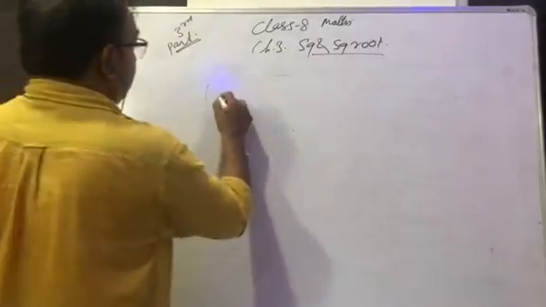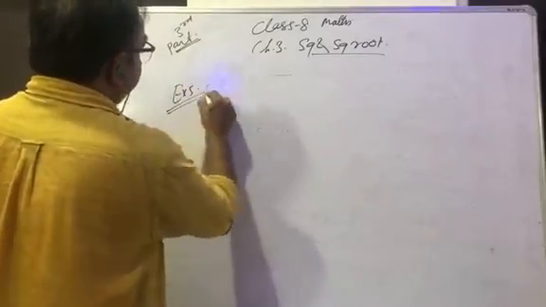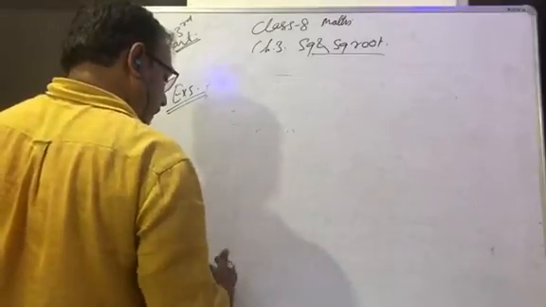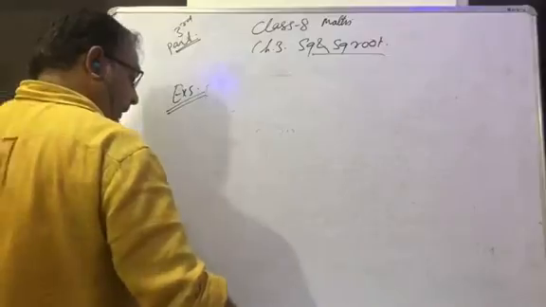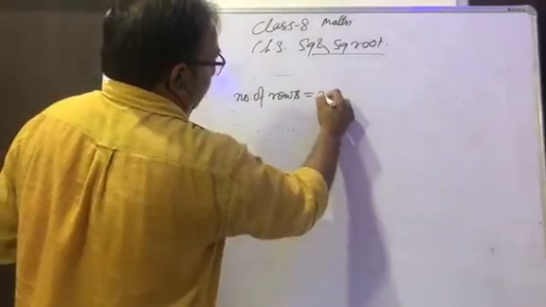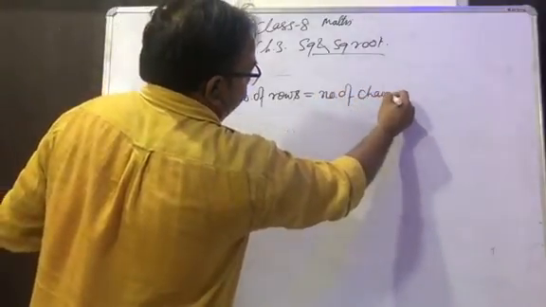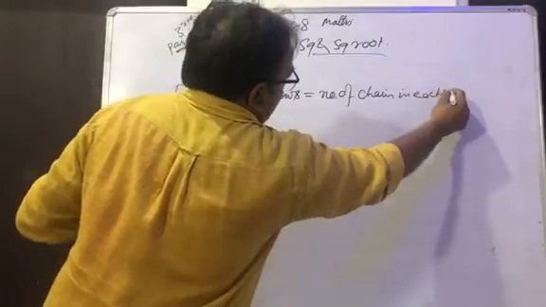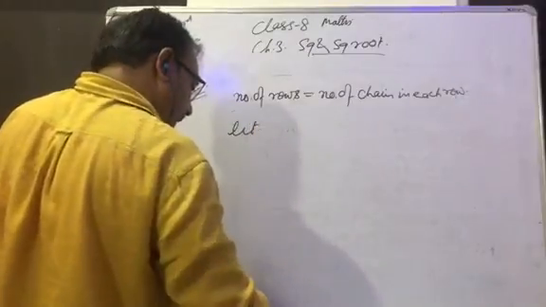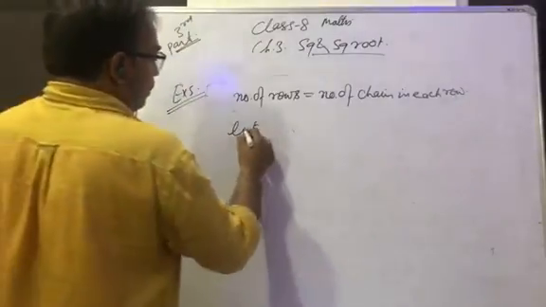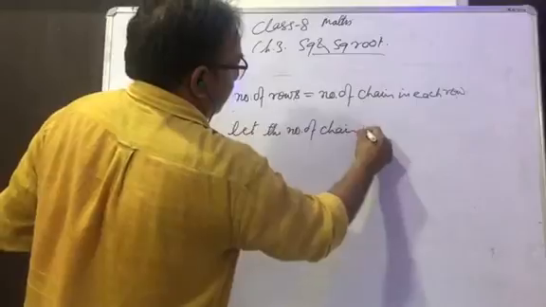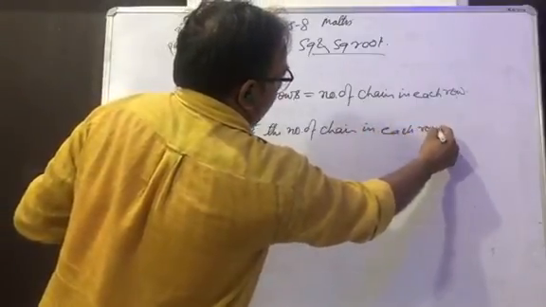According to the question, we know that the number of rows is equal to the number of chairs in each row. Clear? So we have to find the number of chairs in each row. Let the number of chairs in each row be x.